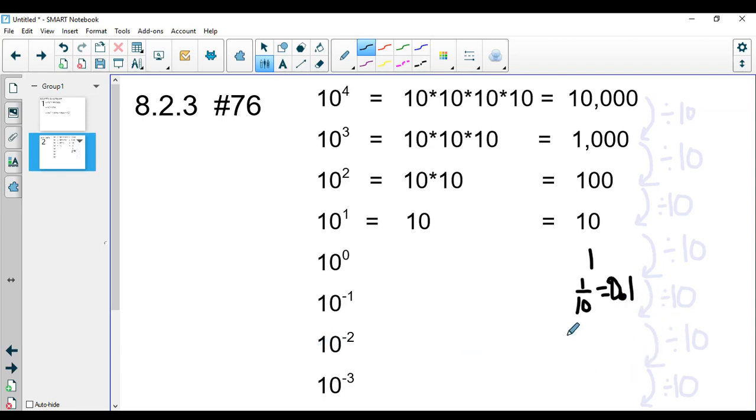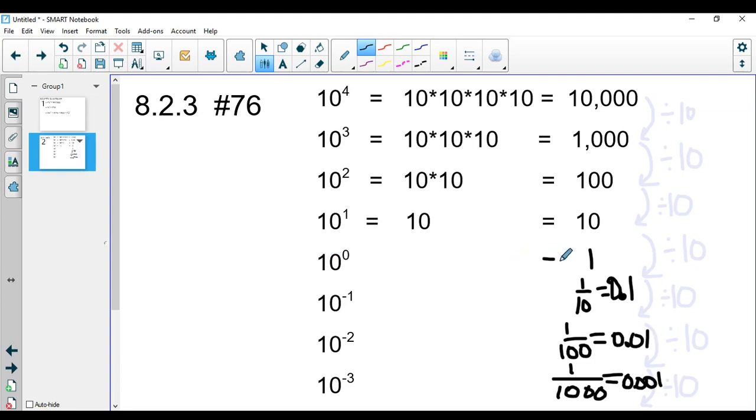Divide by 10 again, we get 1/100th, which is 0.01, 1/100th. And again, divide by 10, and we get 1 over 1,000, or 0.001, 1/1,000th.